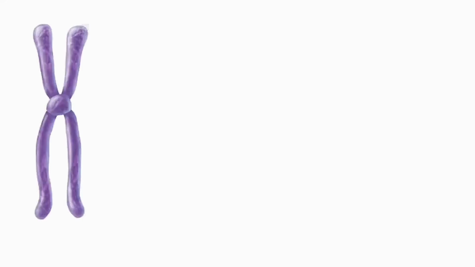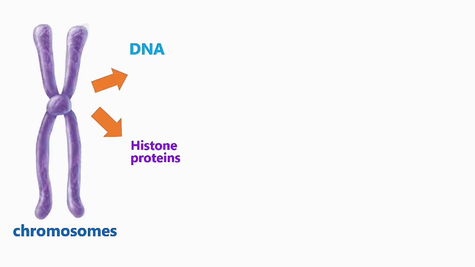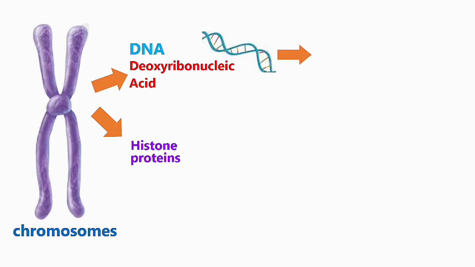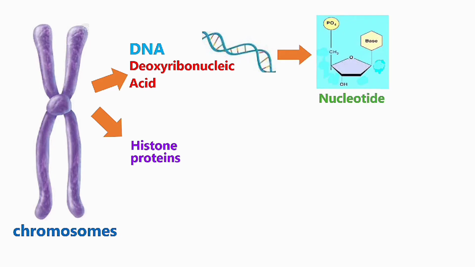If we look at the detailed structure of chromosomes, we see that they are composed of DNA and histone proteins. DNA is deoxyribonucleic acid, which is composed of repeating units, just like proteins are composed of the repeating units amino acids. In the same way, DNA is composed of repeating units known as nucleotides.